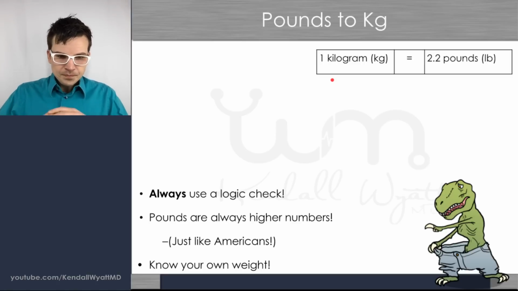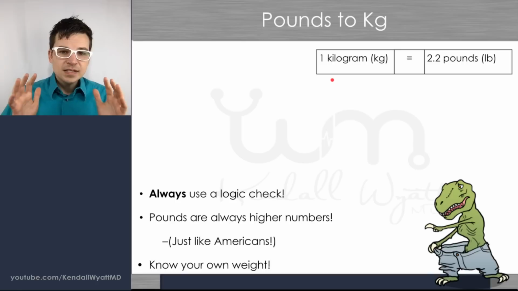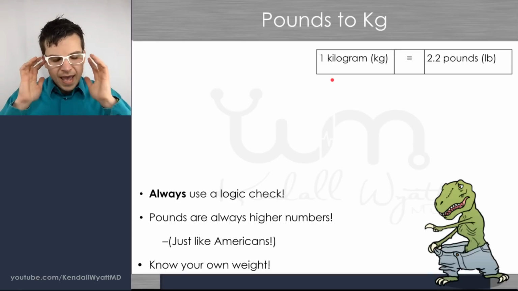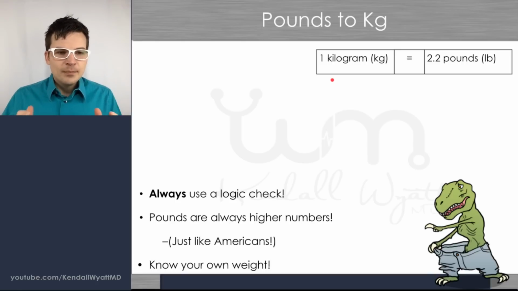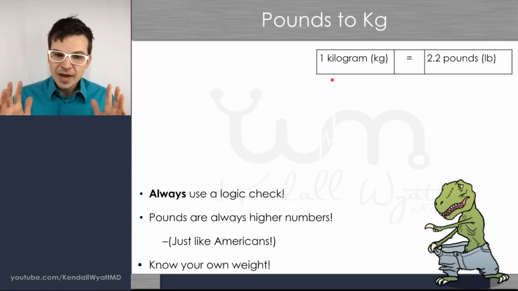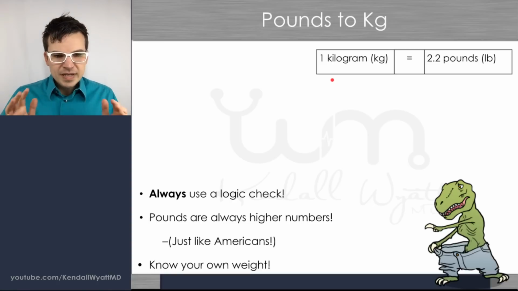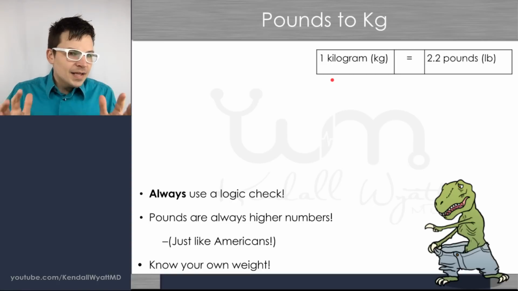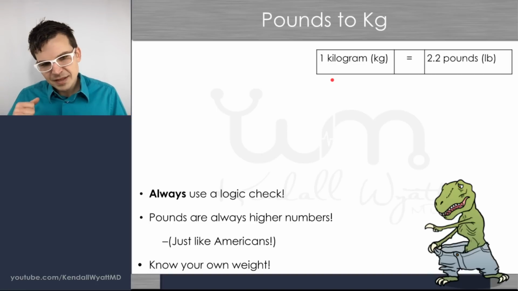Now, when you think about these pounds to kilograms, the only thing you're going to mix up, which I used to do all the time, is do you divide, do you multiply, which one do you have, what do you do, right? Well, it's actually pretty easy. I like to use a logic check. Well, what's my logic check?